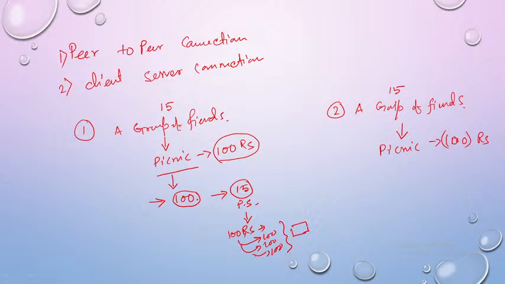On the picnic day everyone contributes 100 rupees, no one contributes less, no one more. What does it justify? It justifies that everyone has the same potential, the same power, and is contributing the same.